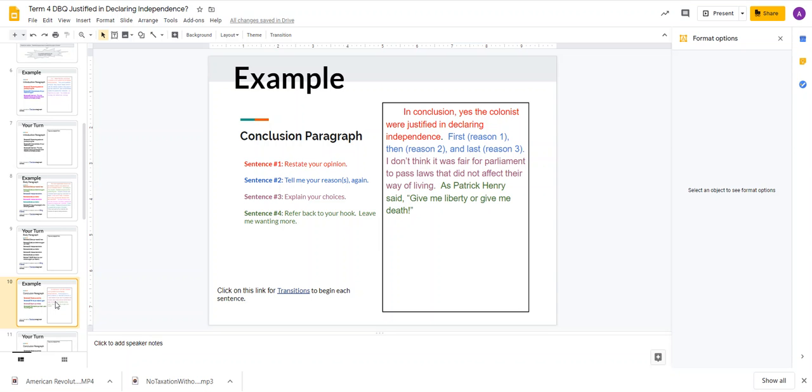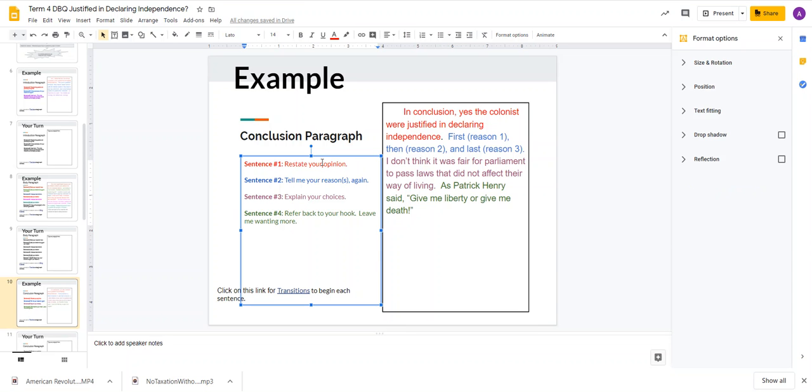The final concluding paragraph. We have color-coded it again. You need to restate your opinion, so answer it again. Tell me again what you think. Tell me your reasons one more time. You're summarizing them. Then give me an explanation of why. That goes back to your graphic organizer.